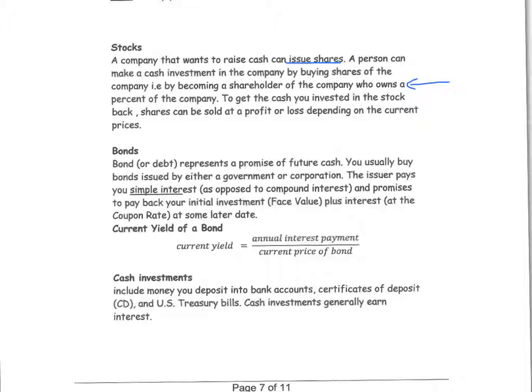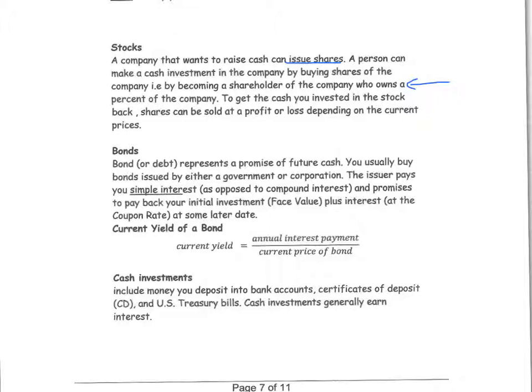Now, how do we make money in this sort of investment? As you all know, shares and stocks are traded in the stock market, and you can sell the shares at any time for a profit or loss depending on the price of the share on that particular day.